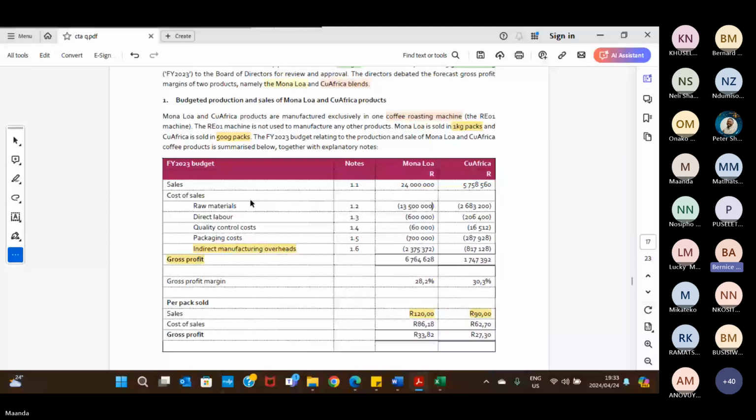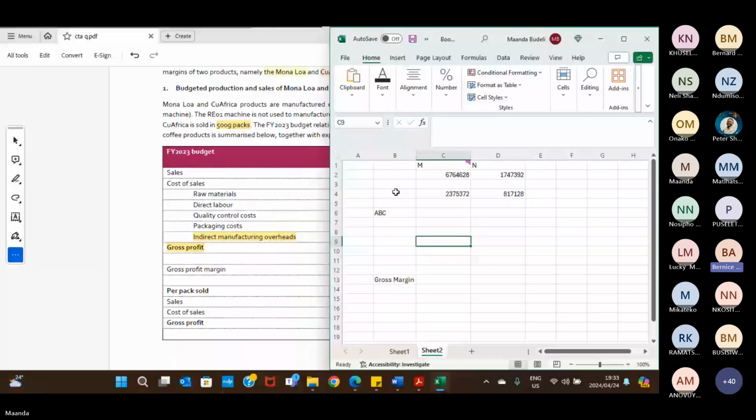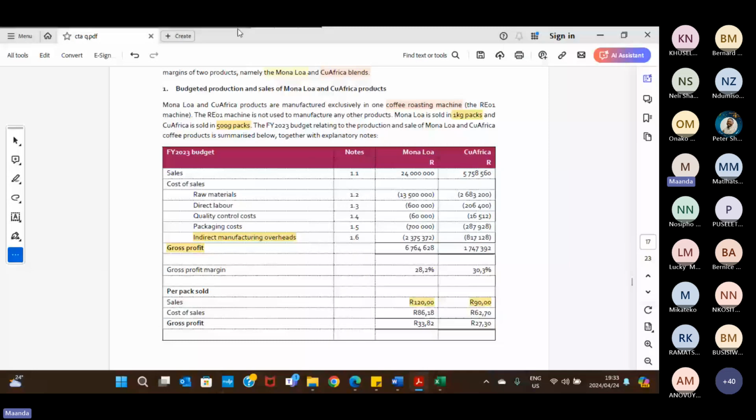What you actually did is that you took your gross profit. Yes. You deducted the indirect manufacturing overheads because the manufacturing overheads are actually allocated to its cost drivers. Yes. So what happened? We are recalculating this, right?